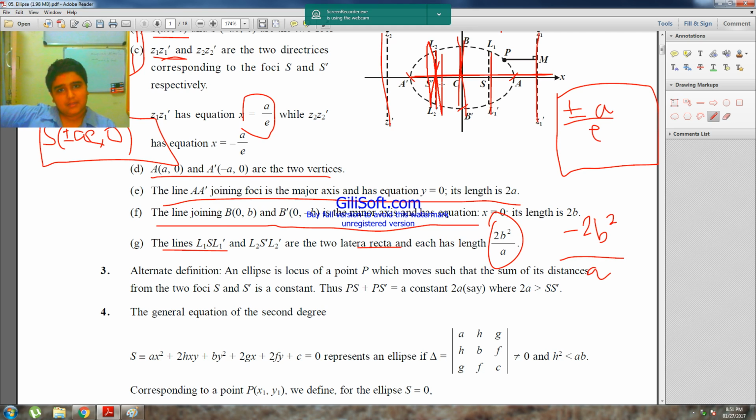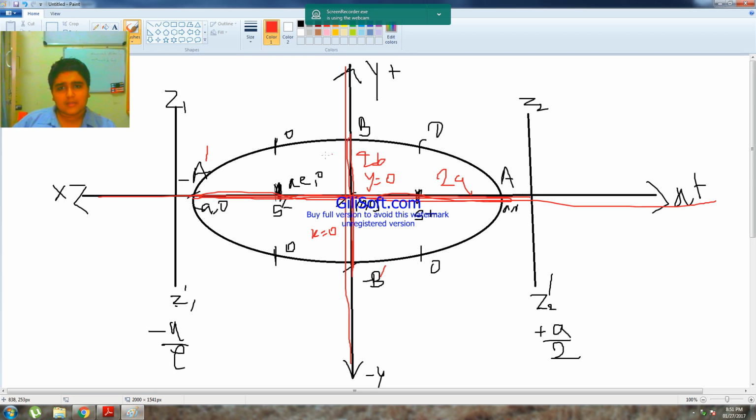That is this particular thing. So this is our first lattice vector, minus 2b square upon a, and this would be our plus 2b square upon a.